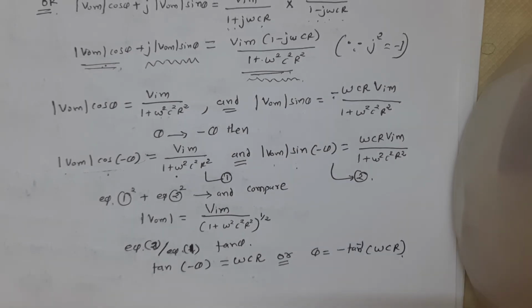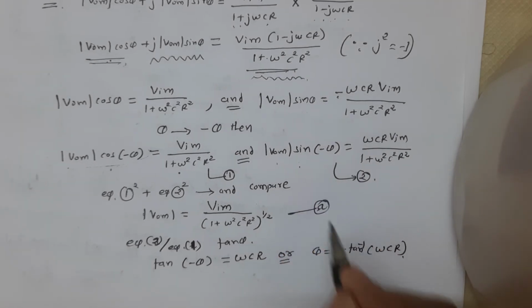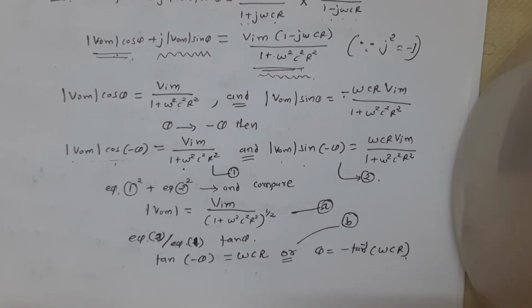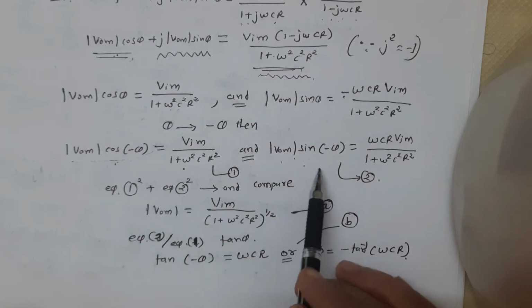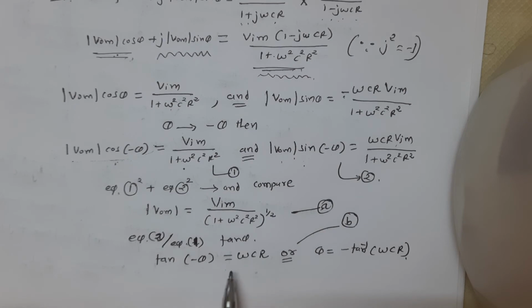This is our final equation for modulus of VOM, this is your small a, and this is your equation small b. When equation 2 is divided by equation 1, that means sine of minus theta upon cos of minus theta, VOM cancels, and we get tan of minus theta is equal to omega CR, or we can say theta is equal to minus tan inverse omega CR, right?